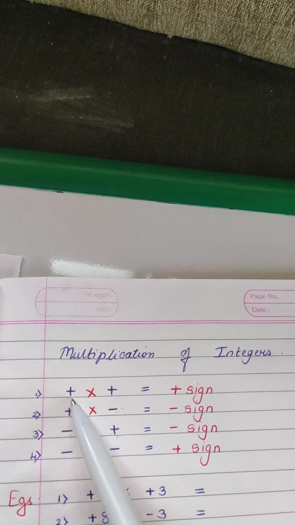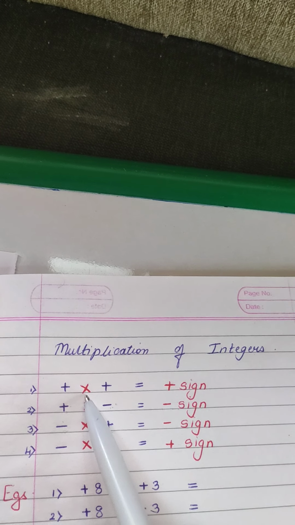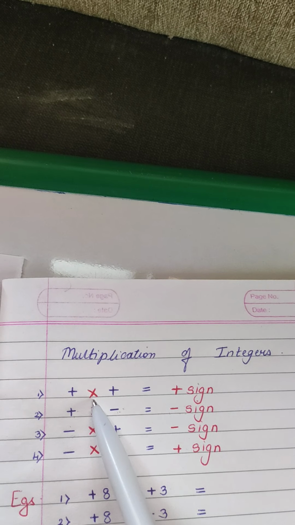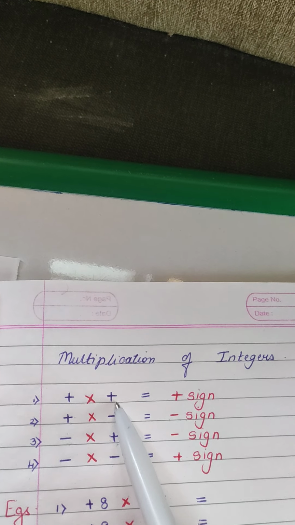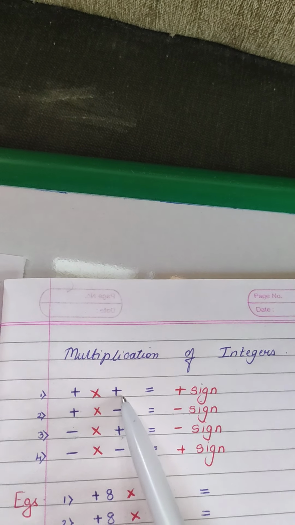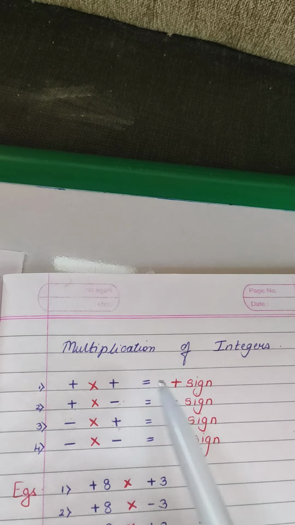In this, if you have two positive numbers given to you and there is a multiplication sign in between them, that is the product of the two positive numbers, multiply whatever numbers you have and you put a positive sign, that is a plus sign.